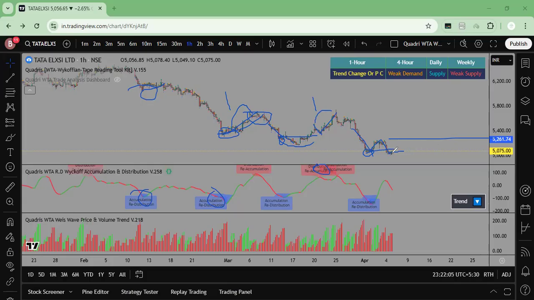But given the fact the current tool is showing us it's in a downtrend, I'll keep my finger crossed and wait for a clearer picture wherein we get another kind of distribution or reaccumulation. And if I get around this one, then I'll definitely look for a buying opportunity.